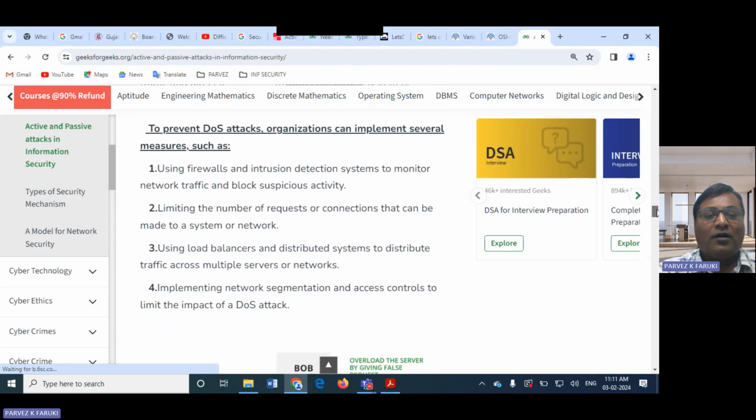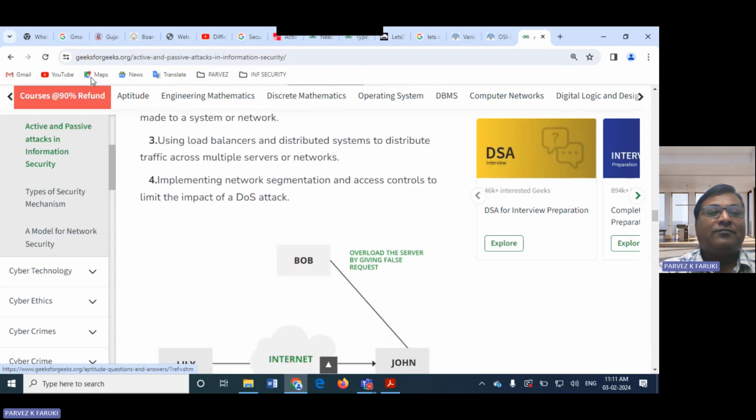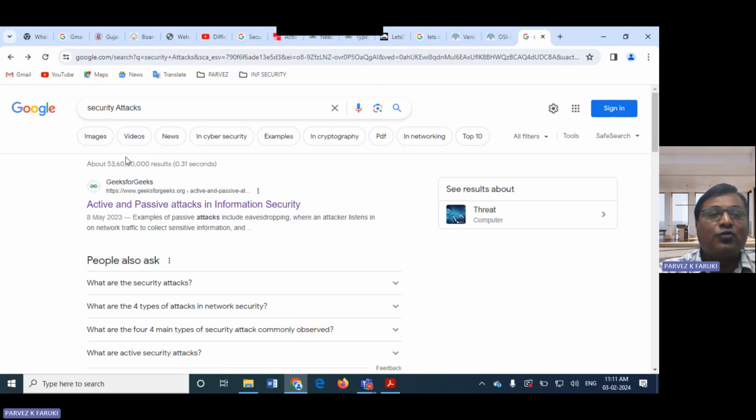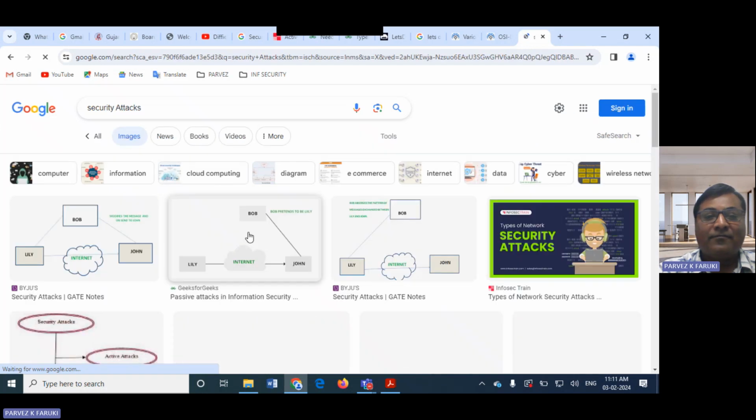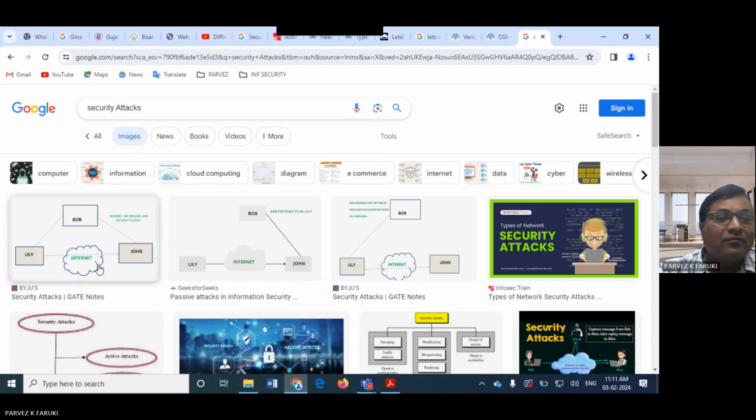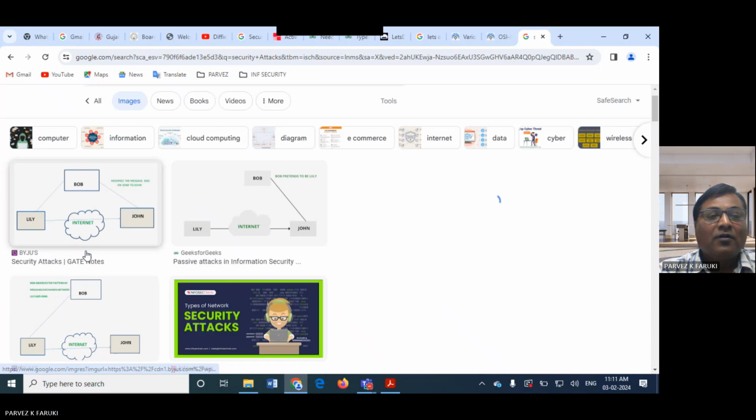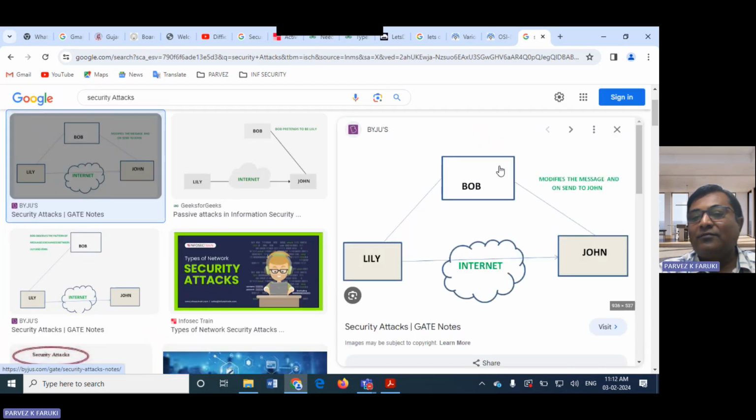There are a large number of attacks that we see here. Let me show you through a diagram. Fine, that would be better. Right, if you see here, let the names differ, it doesn't make a big difference.